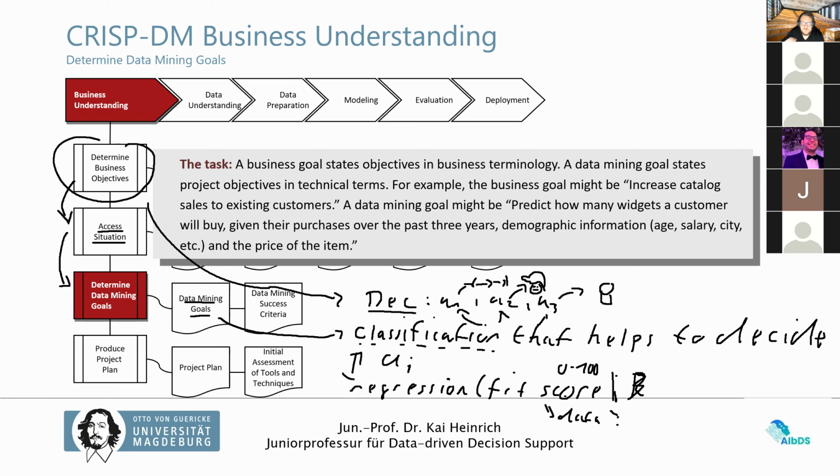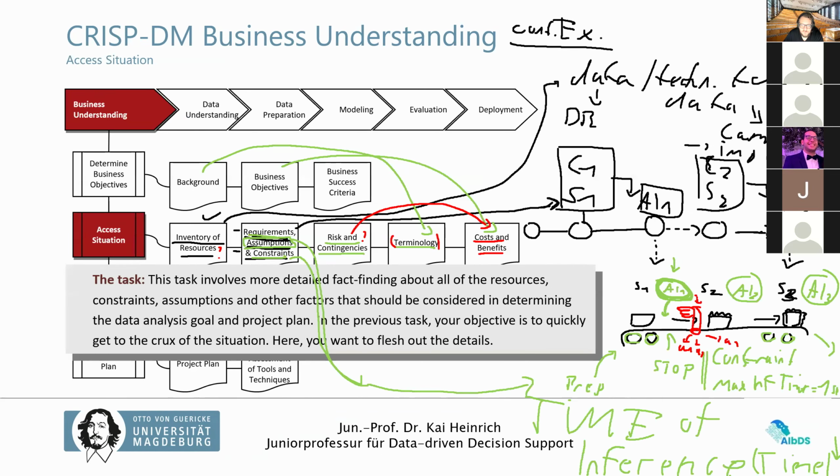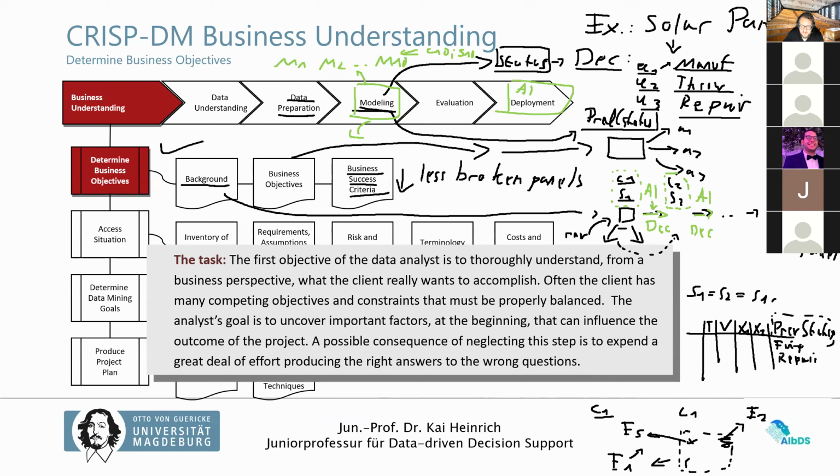I said there are 3 classes that fit with these 3 decisions. I could also have 10 classes. For example, I could just use the solar wafer optical detection, and I have 10 error classes, E1 to E10, and then I determine based on the errors what action to do, right?